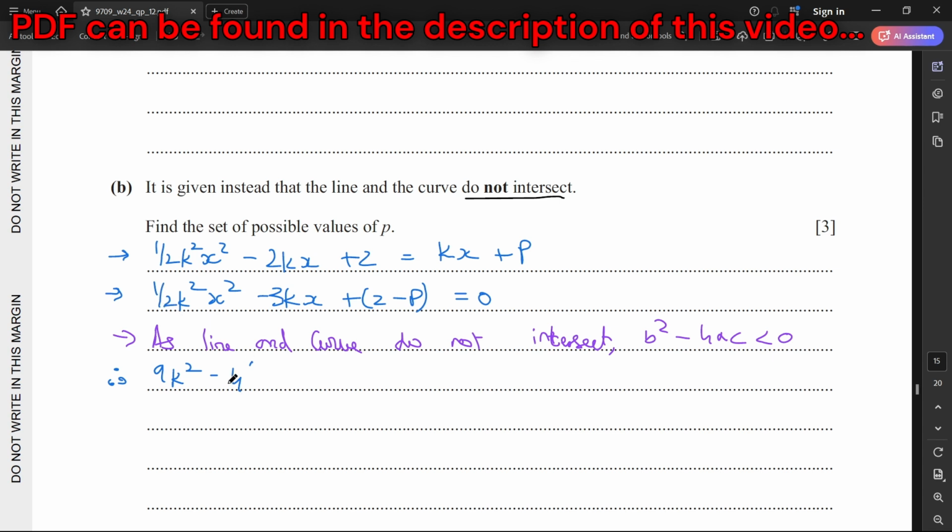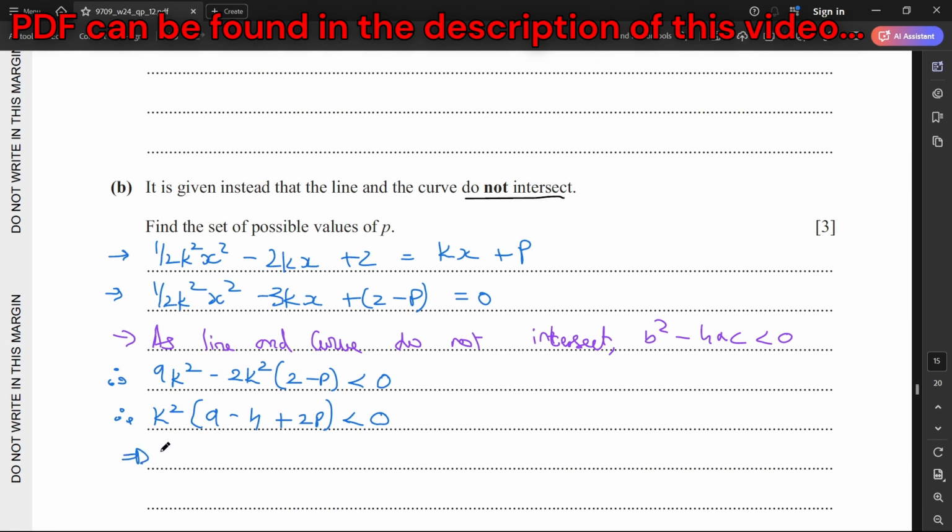So a is half into 4 is 2, so 2k square, and c is 2 minus p, and this is less than 0. Now I can just take k square common, so I'll be getting 9 minus 2 times 2 minus p, which will become minus 4 plus 2p, less than 0.